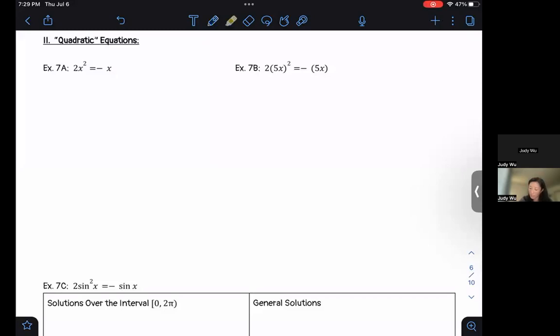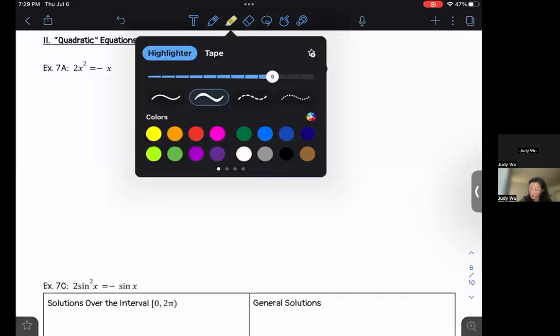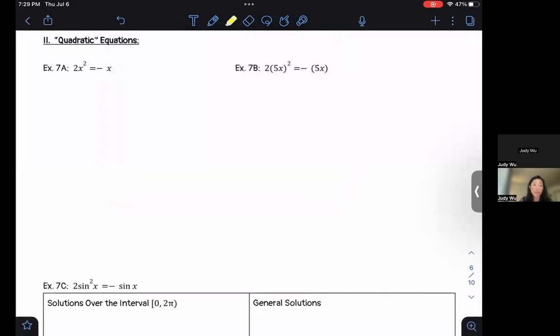We're going to go ahead and start by highlighting the similarities between these three equations that we see here. All right. So in 7a, we have just the x squared. In 7b, we have the 5x squared.